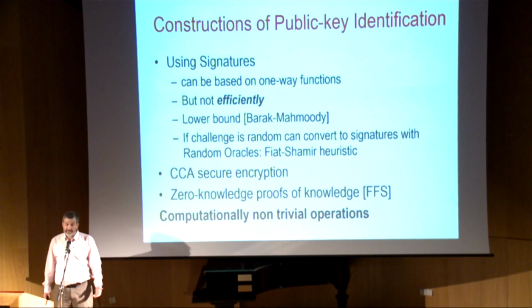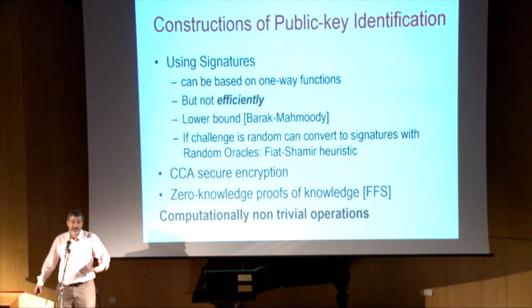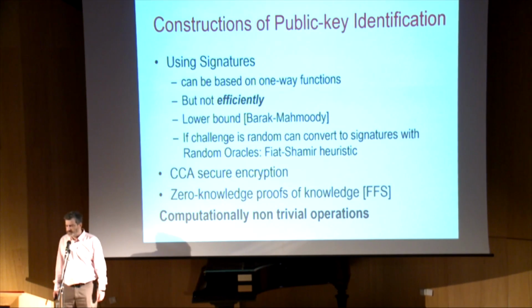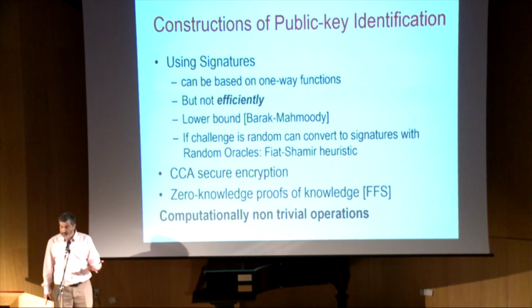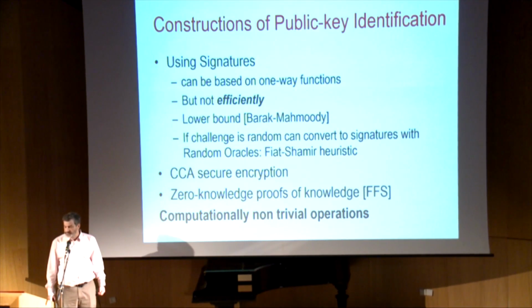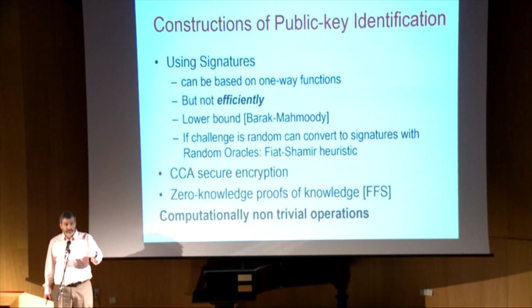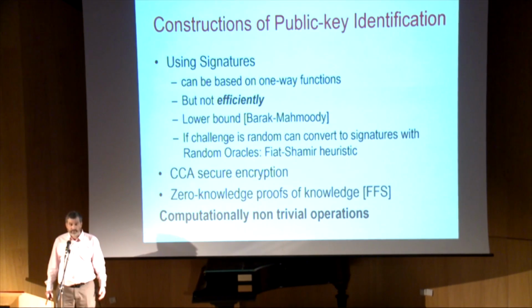So there are all sorts of constructions of public key identification schemes using signatures, which are something stronger, using chosen ciphertext secure cryptosystems, and the first ones, by Feige, Fiat, and Shamir, were using zero-knowledge proofs of knowledge. All these constructions are good, but they're computationally non-trivial. You do require, let's say, the order of a signature.